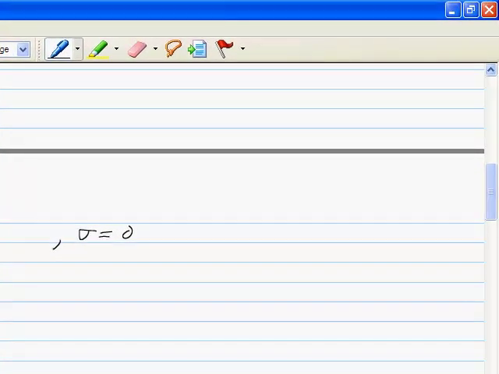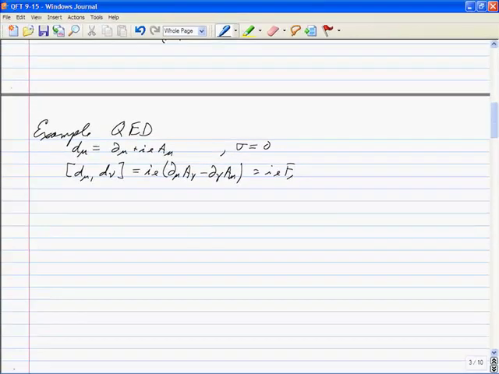If I take d mu commuted with d nu, that's i e times d mu a nu minus d nu a mu, right? It's equal to i e f mu nu.